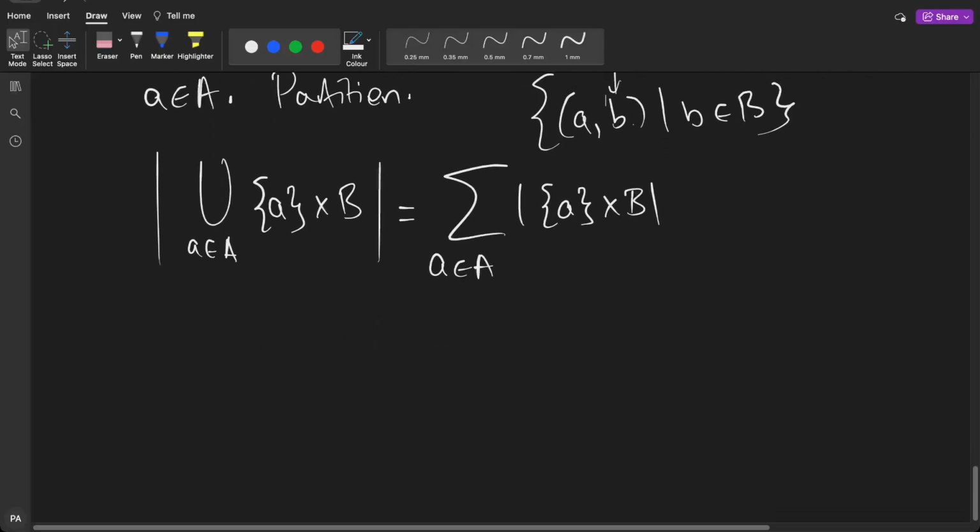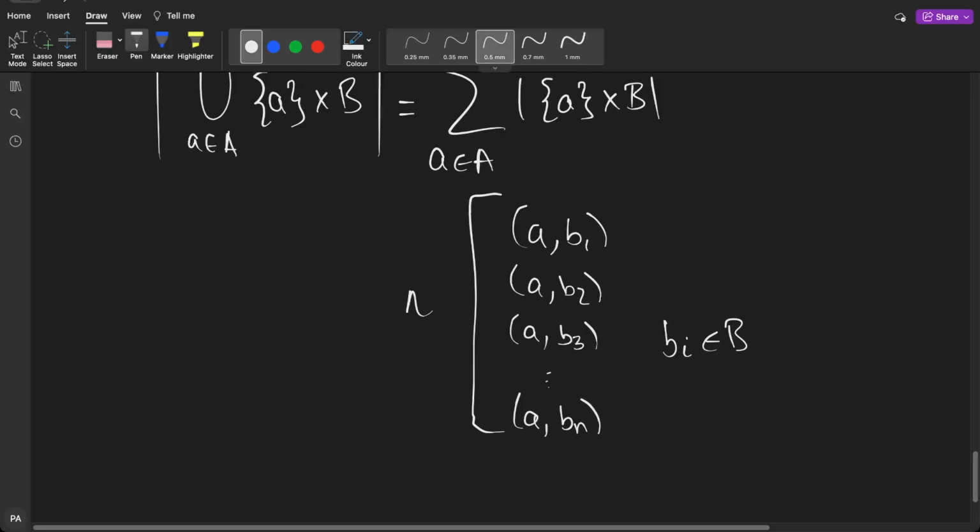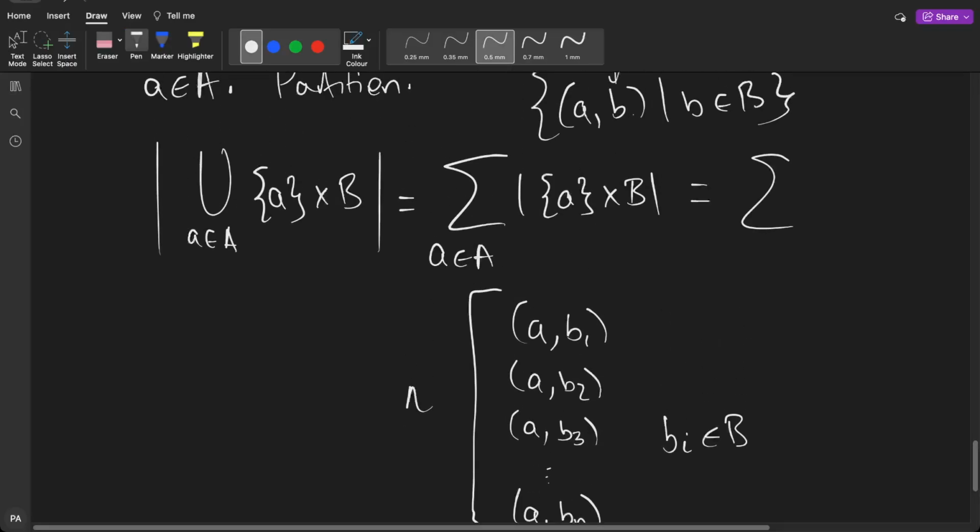So, if B has our n elements, then the elements of this Cartesian product will simply be (a, b1), (a, b2), (a, b3), all the way up to (a, bn), where bi is in B. Clearly, there should be n of these. So we're essentially looking at this.